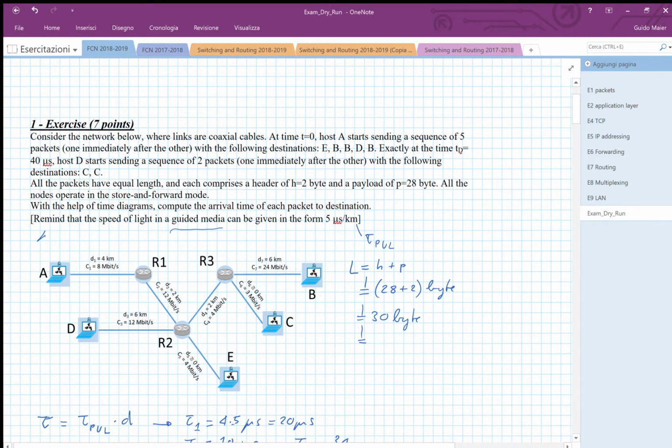But you know that all the transmission capacities are given in bits per second, so we need to transform this into bits, which is 240 bits.